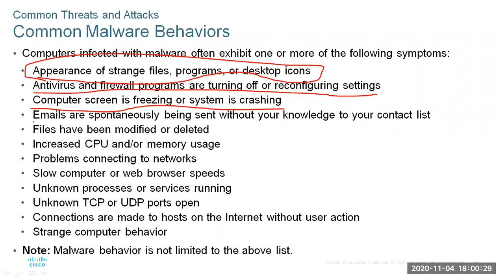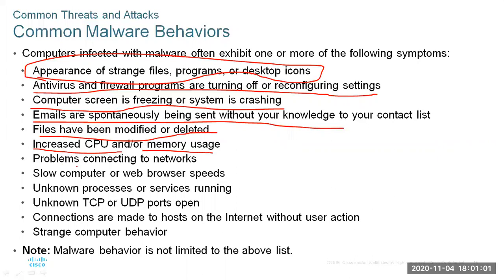In other cases, emails are spontaneously sent without your knowledge. You check your mail and see 50 or 1,000 mails sent to your contact list. In other cases, files are modified or deleted. In some cases, you see a high increase in the CPU usage or memory usage of your server or your system.